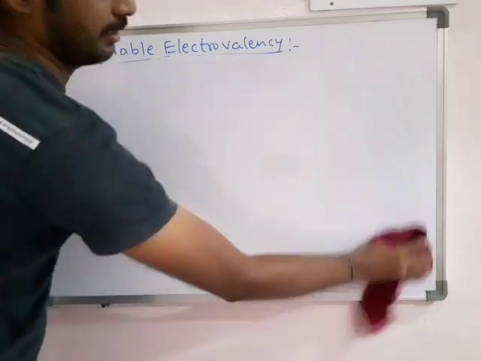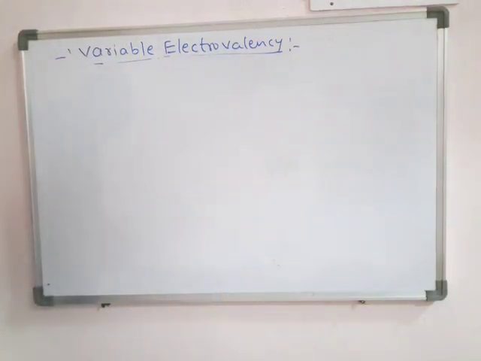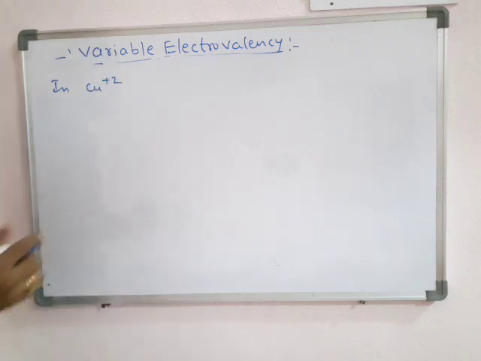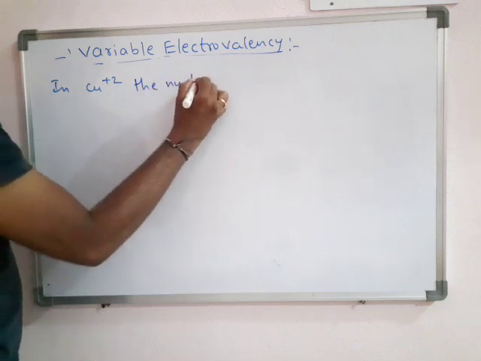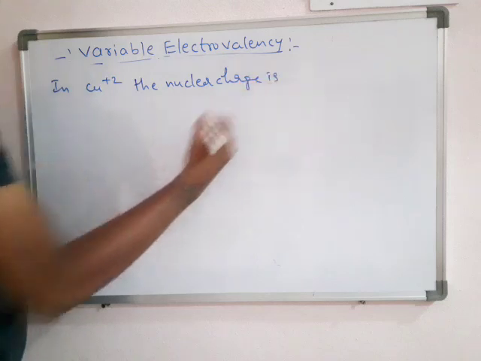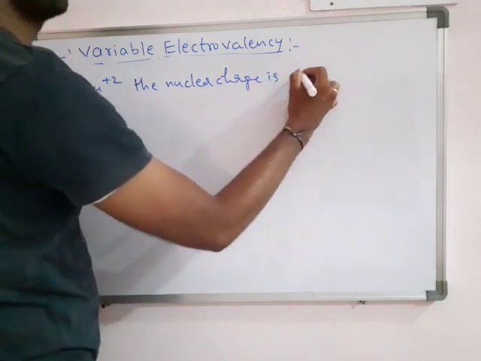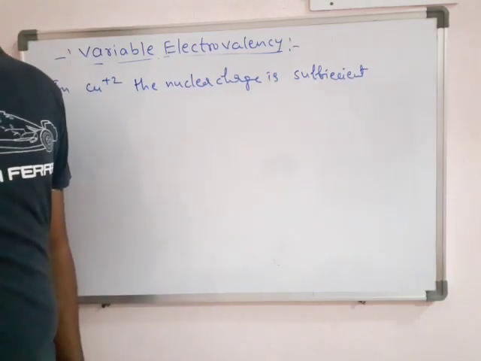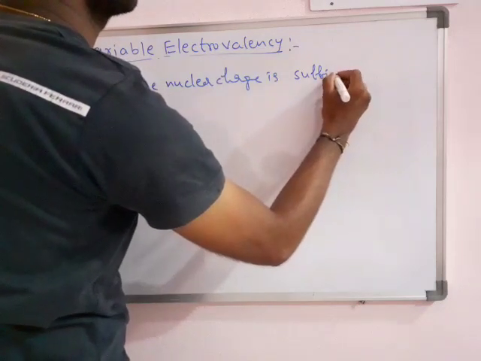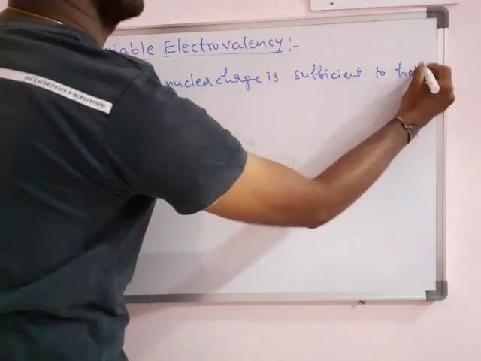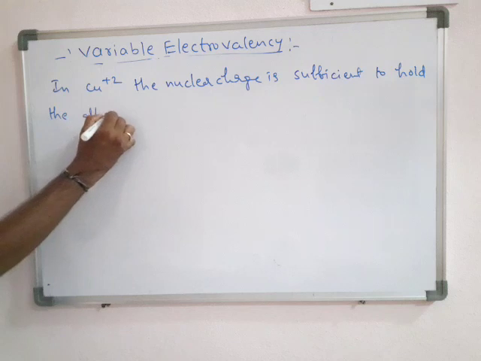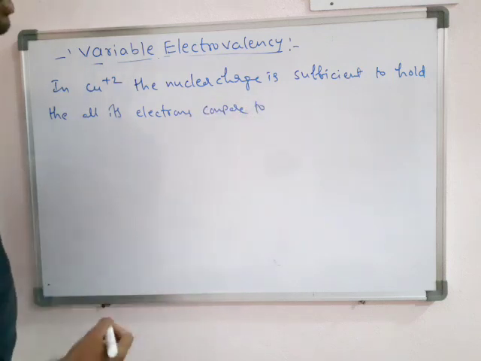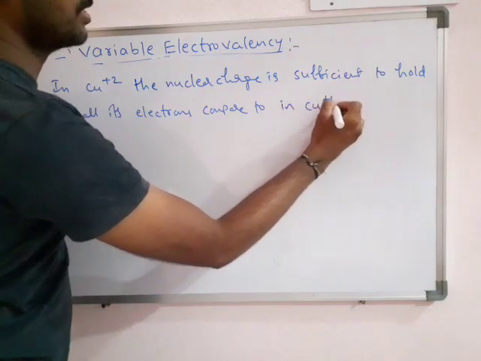So here we can write the statement that in Cu plus 2 the nuclear charge is sufficient to hold the electrons compared to in Cu plus 1.